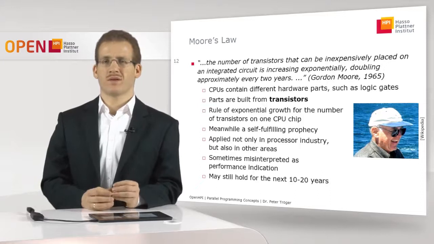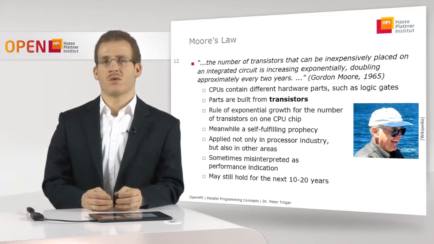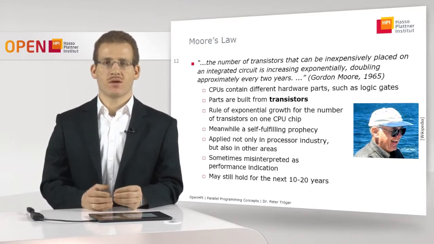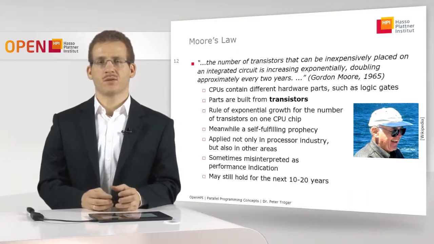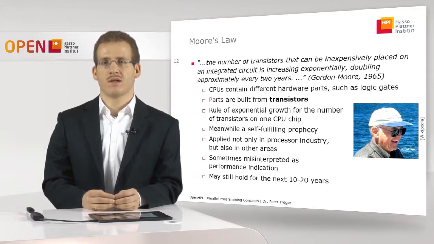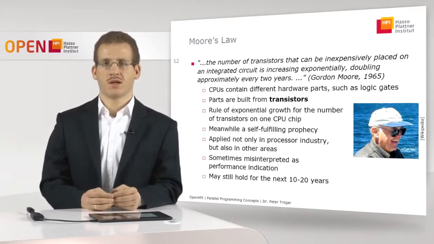So if you double the amount of transistors every 2 years, you get an exponential growth in the number of transistors. This is an interesting aspect because all these transistors are actually used to build the hardware parts that form the processor itself, like inbuilt memory, like the registers or caches, logical gates for the actual computation.